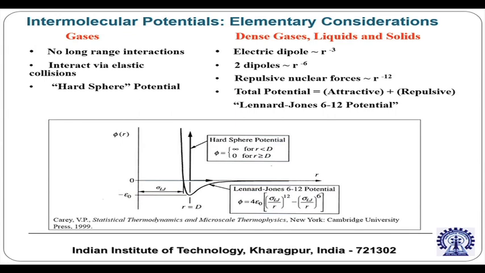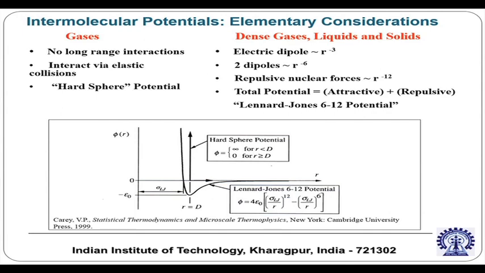To compute the attractive and the repulsive components, you can see that the hard sphere model is the straight vertical line, but in a more practical model, as you look at the potential as a function of distance, you have first the repulsive potential, it comes down to a minimum, and then as you go beyond a critical distance, the potential becomes attractive, and in the limit as you go to infinite r, this attractive potential goes to 0.